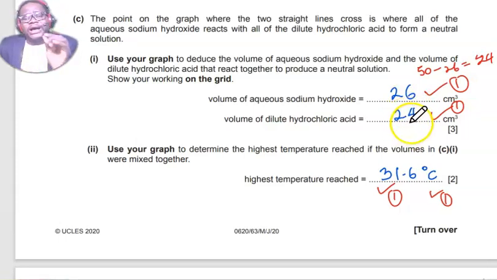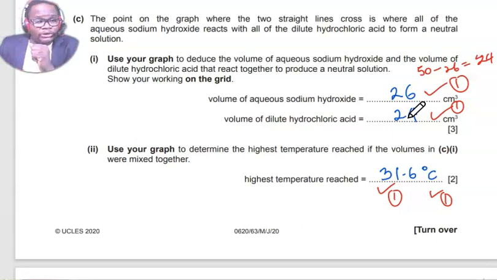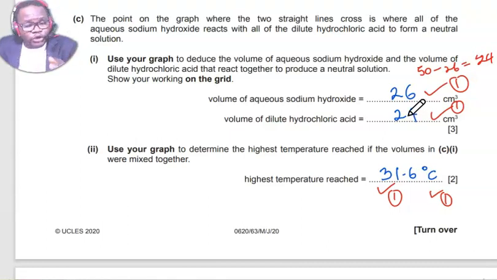So hydrochloric acid is the more concentrated one here, because we have a lesser volume of hydrochloric acid neutralizing a higher volume of sodium hydroxide. That tells us that hydrochloric acid will be more concentrated than sodium hydroxide. This is simply because you use a lesser volume of hydrochloric acid compared to sodium hydroxide.